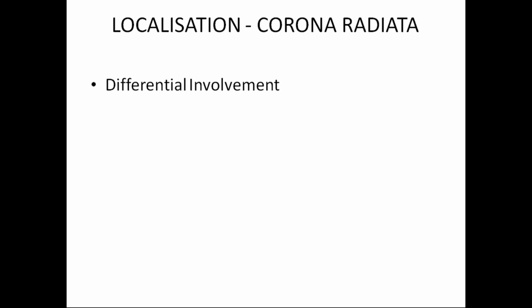Coming down from the cortex, it is the corona radiata, and if there is involvement of the corona radiata, there is differential involvement, the same thing. But not as much, because as the cortex is not involved, the gray matter is not involved, the electrical discharges are not much involved, so there may not be any seizure activity, and cortical sensations like graphesthesia may not be lost. But yes, there will be differential involvement, like the same thing: your limbs, or part of a limb or any other body surface can be involved, because the corona radiata is just like the radiations from the cortex, which get converged.